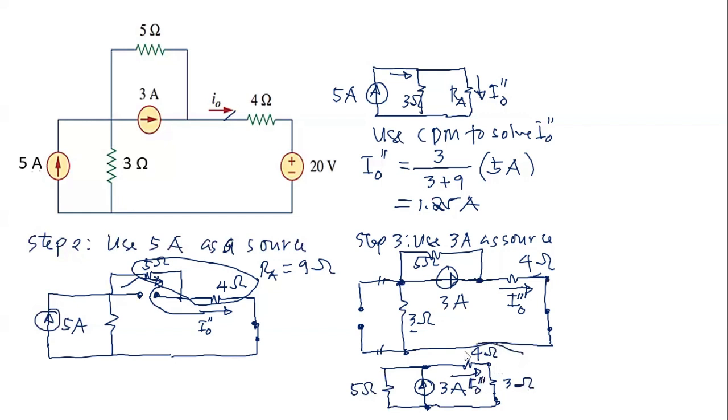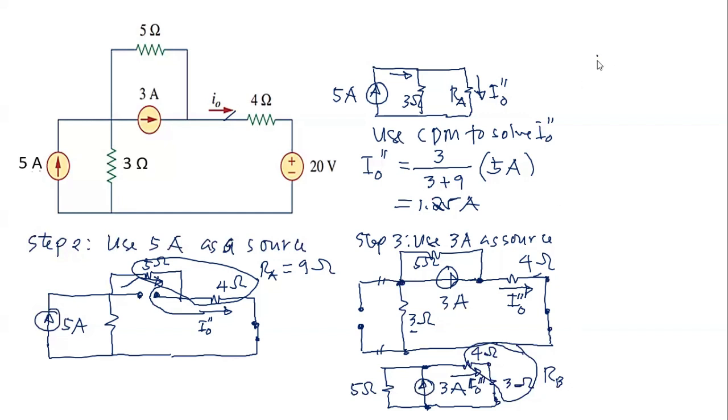Now, it's very clear that the 4 and 3 ohms are in series, so we can call this as RB. And then, since 5 ohms and 3 amperes are connected in parallel, we can exchange their position. There's no change that will happen because they are connected in parallel.